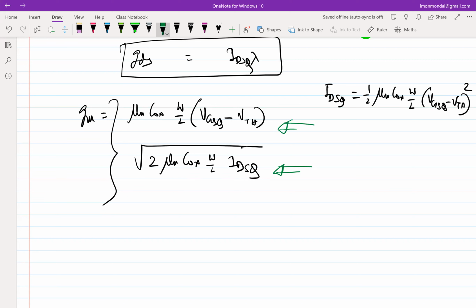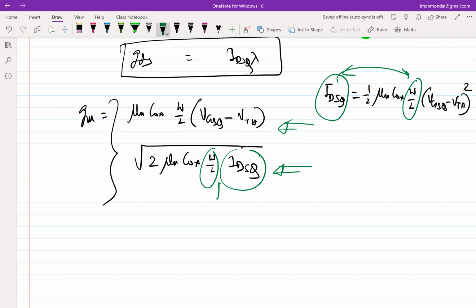So same GM? What you have to keep in mind is that IDSQ is dependent on W by L. So if you increase W by L, IDSQ is not staying constant. There is a hidden variable inside which will also increase the GM. So again, it depends upon what type of biasing you have used. Again, those things will become clear shortly.